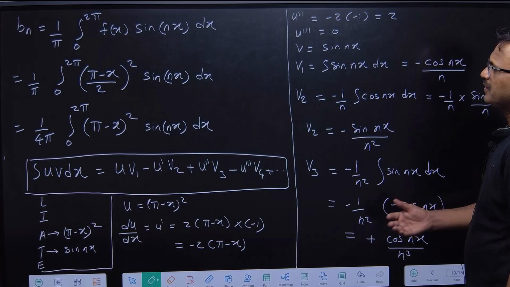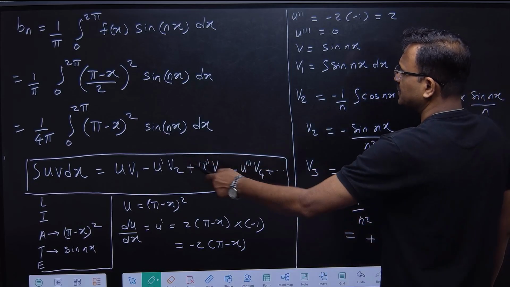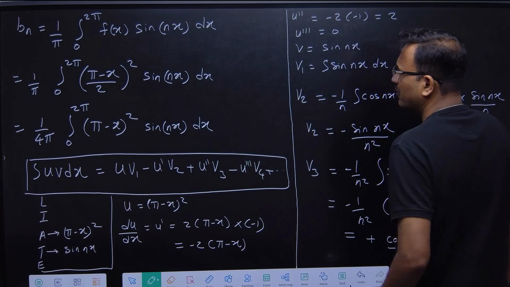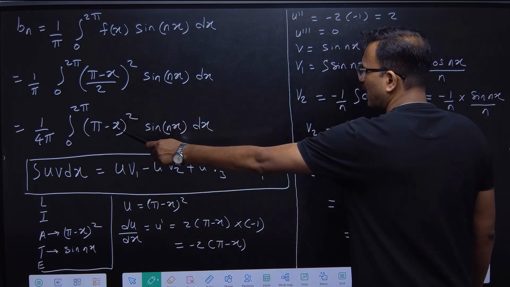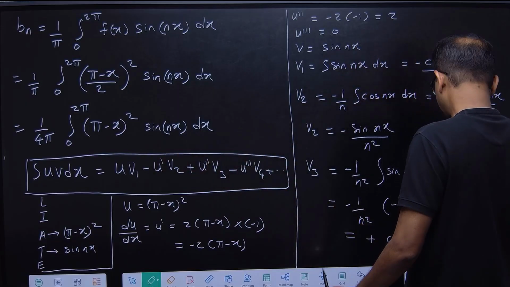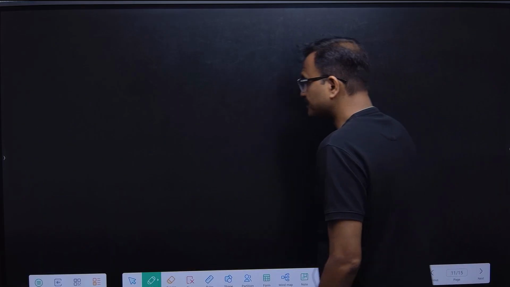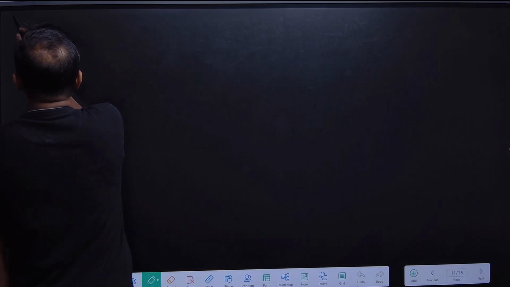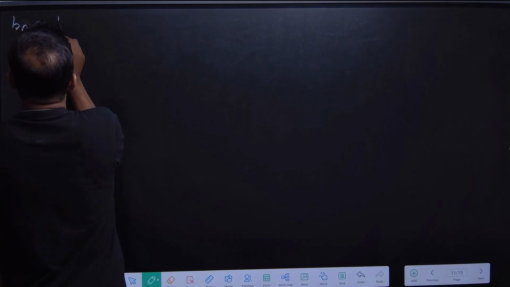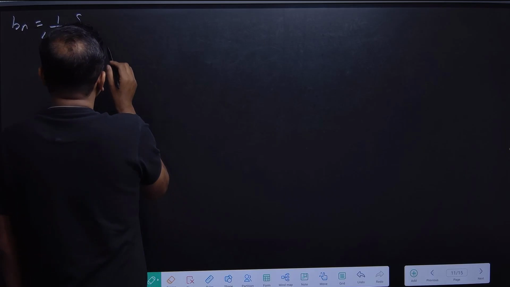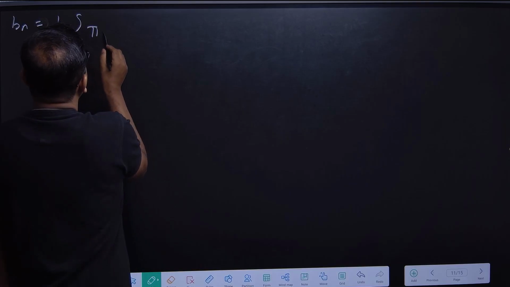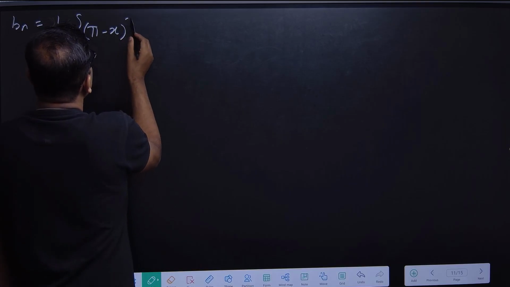Now we'll apply this formula, integration u dv, to find our bn. Remember that 1 upon pi is going to remain outside. u is (pi minus x) the whole square and v is sin nx. So our bn now becomes 1 upon pi, we have kept outside, the integration as it is. u was (pi minus x) the whole square, v was sin nx.